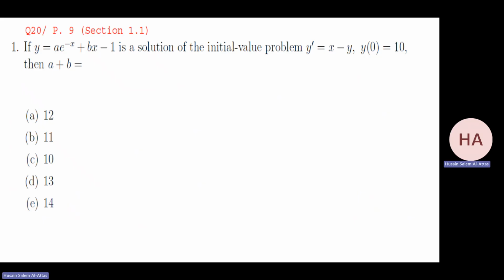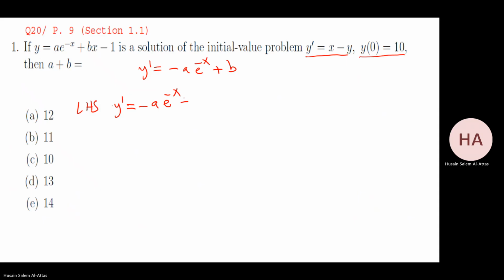Now another one. I have this equation. Let us check first if there is a restriction on a or b, and then I will check the initial condition also. Substitute: y prime will be minus a is minus x plus b. Now let's check the left-hand side, which is y prime. I want it to be equal to the right-hand side, which is x minus y.